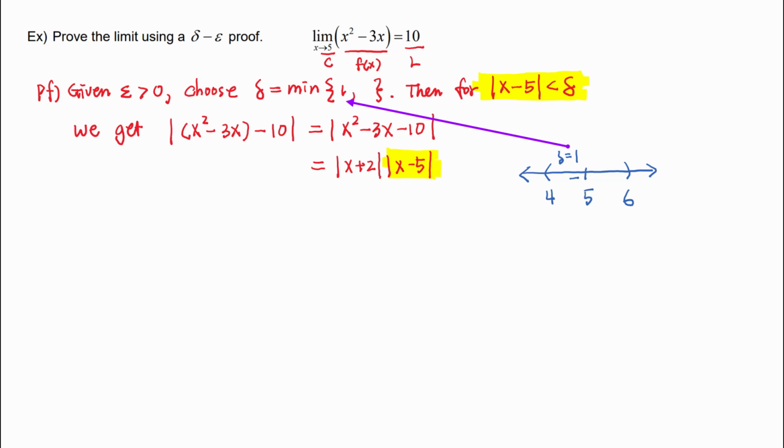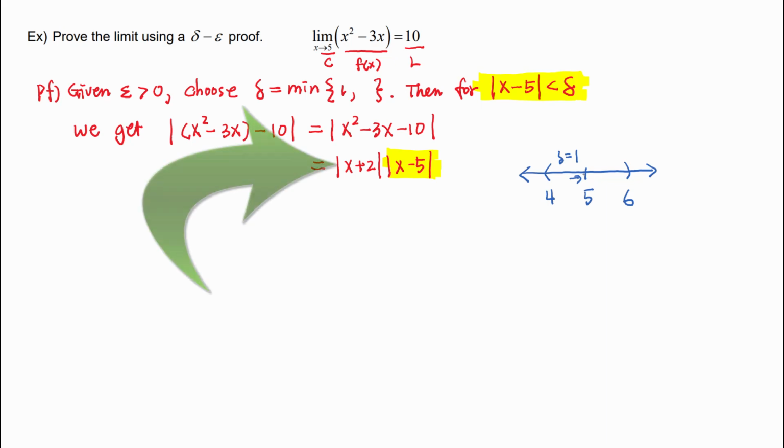And when x approaches 5, remember, we want x to be like 4.99 or 4.999. We don't want delta to be this big, but just to be safe, we're letting delta equal 1. Why? Because we want to know how big this absolute value could be. If delta was greater than 1, then x is not approaching 5 anymore, right? So it cannot be bigger than 1.